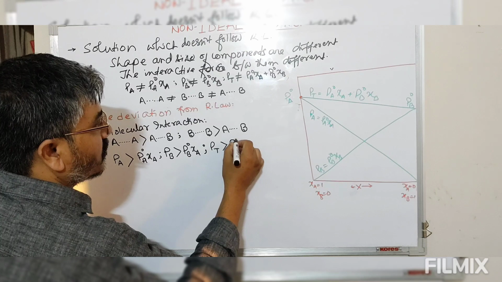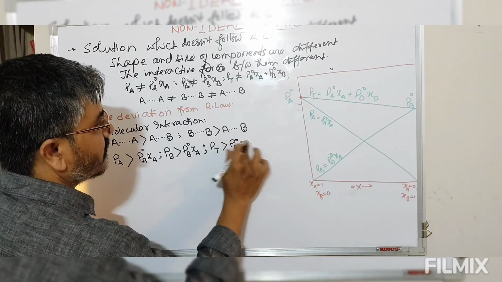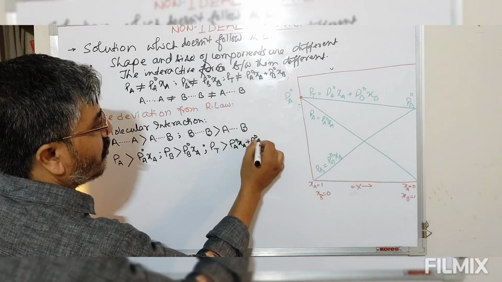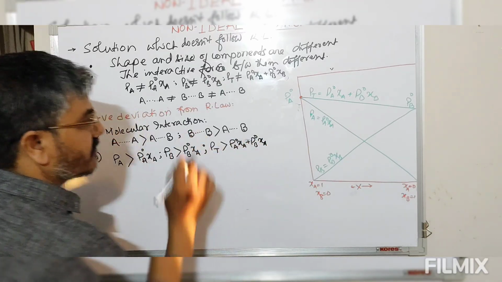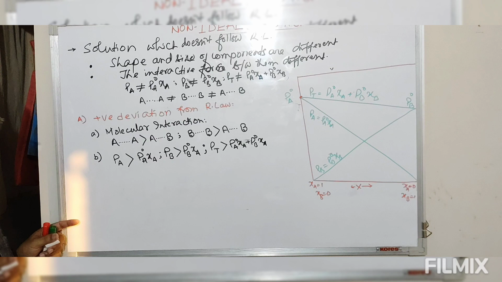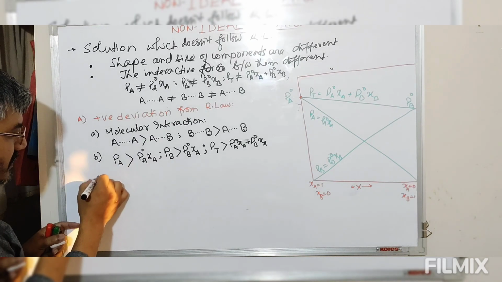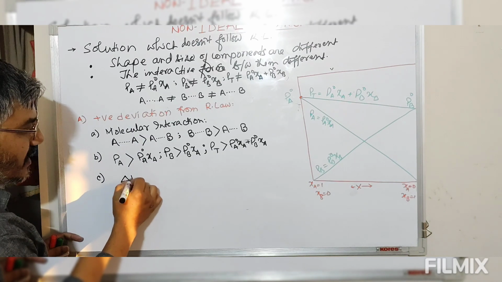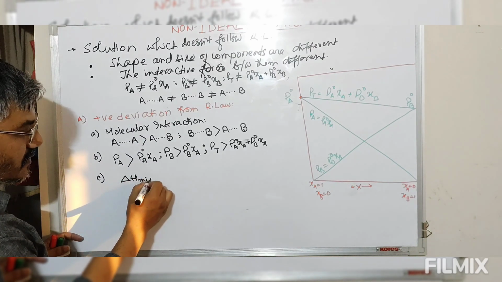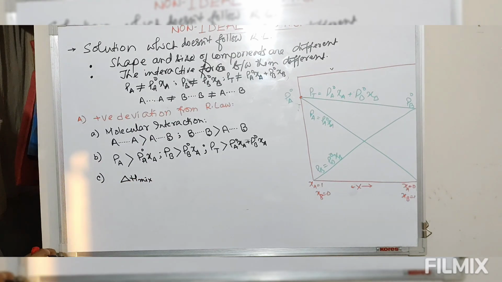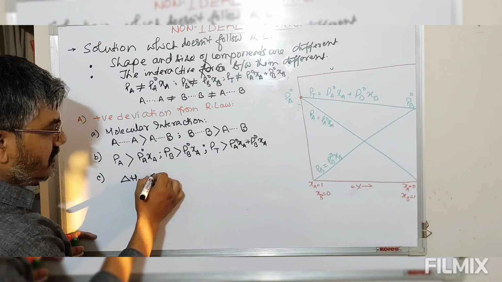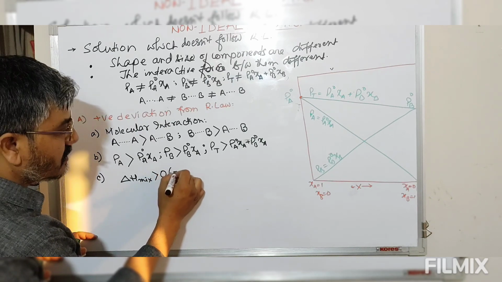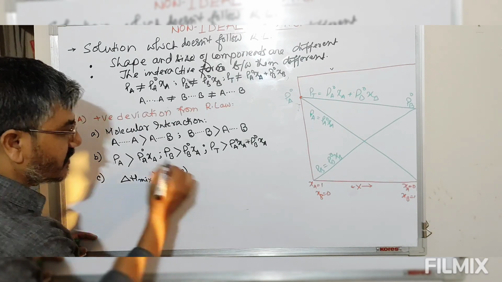So PA naught XA plus PB naught XB. This is the one predicted from ideal solution. Then thermodynamics says enthalpy of mixing is also greater than 0, means this is having positive value.